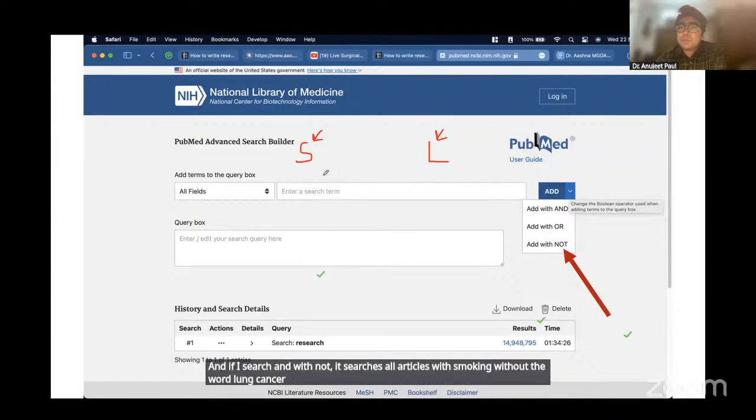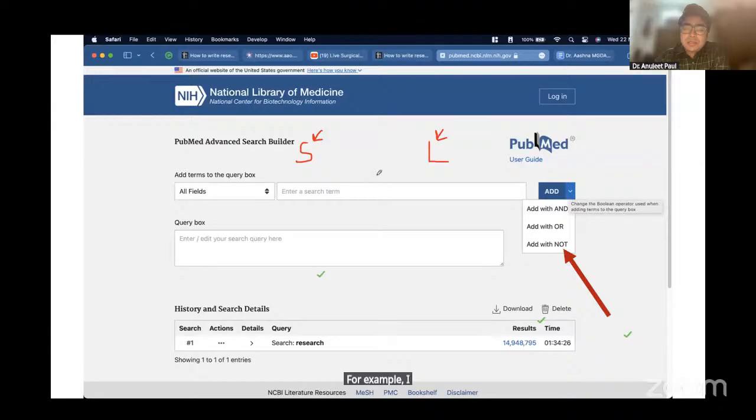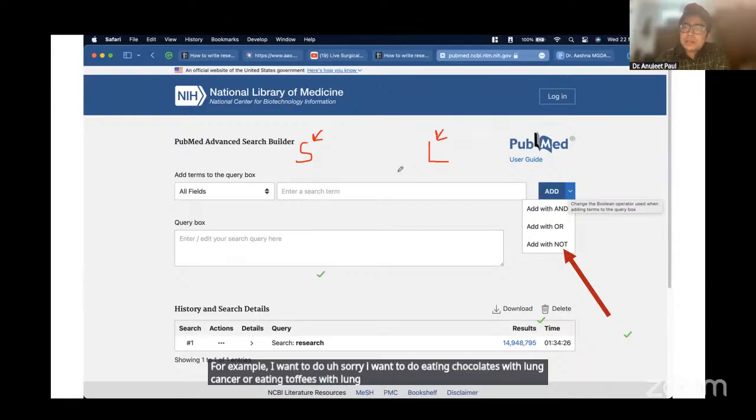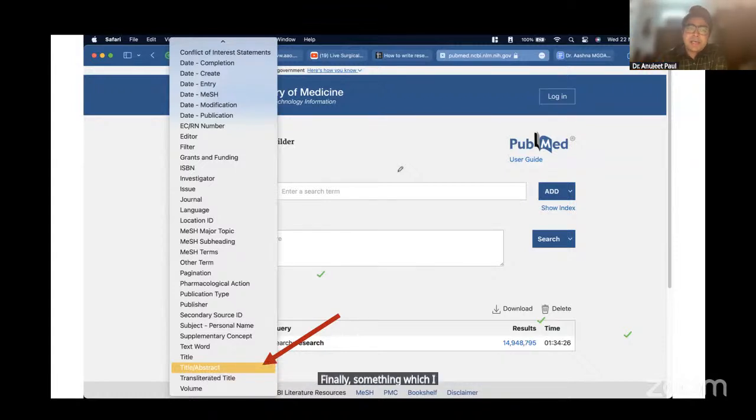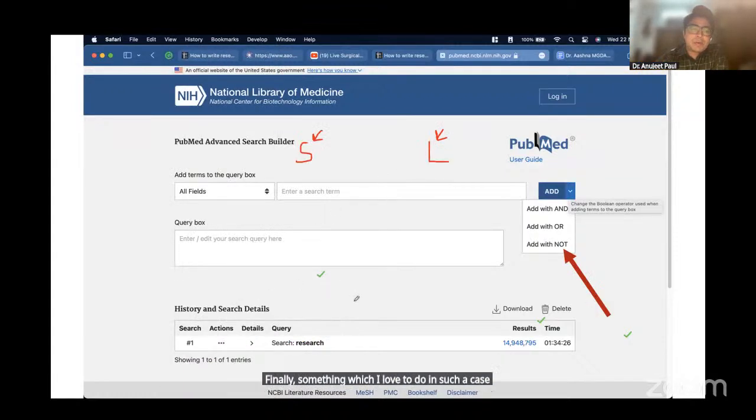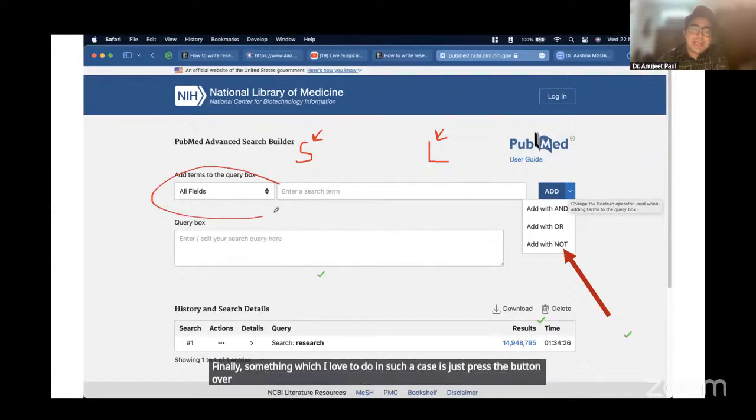So if I want to do smoking with prostate cancer or smoking with breast cancer, for example, I want to do eating chocolates with lung cancer or eating toffees with lung cancer, I can even do that. So you can see how advanced the search gets. Finally, something which I love to do in such a case is just press the button over here where all fields is there finally.